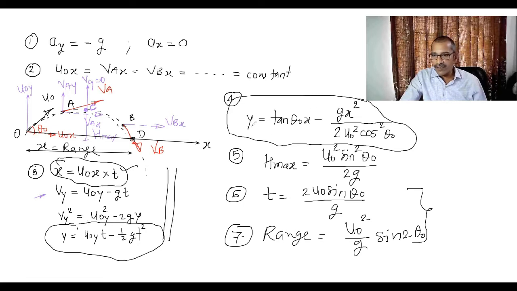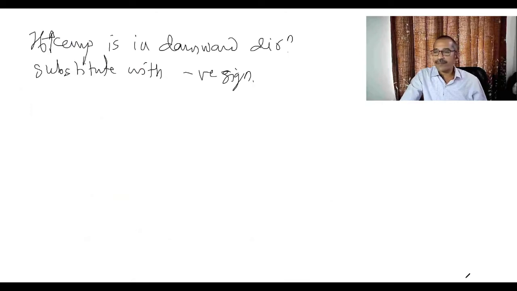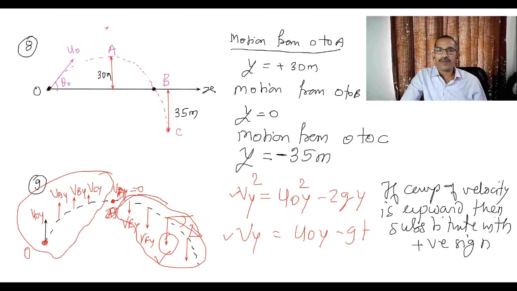Equation of path, if you see carefully, is in terms of four quantities: x, y, u0 and theta 0. But the equations of motion, the first, second and fourth equations, are in terms of time t. Therefore, while solving a problem, this is point number 10 we are discussing.